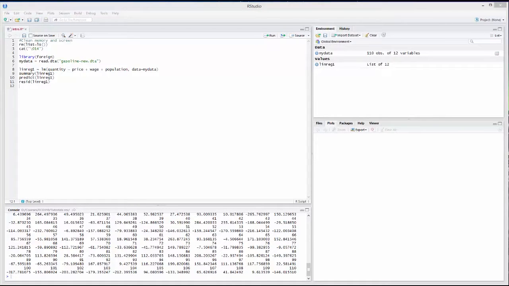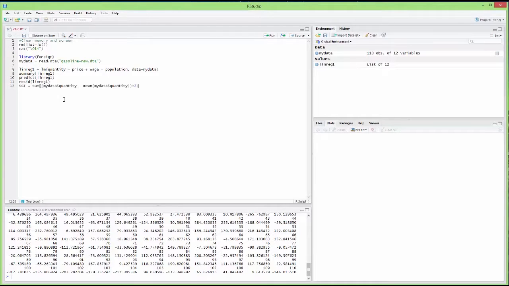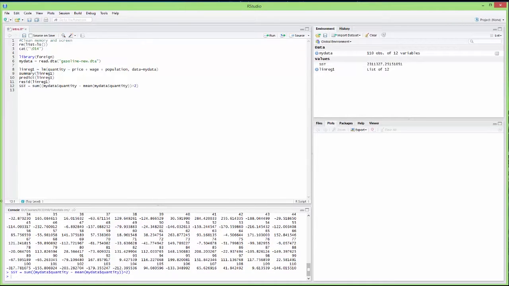Maybe I want to compute the total sum of squares. For that, I'm just going to write completely the equation. So the sum of squares total is the sum of the quantity minus the mean quantity, squared. Each quantity minus the mean is squared, and then we add them. And I get the total sum of squares, I see here, of 2 million something.